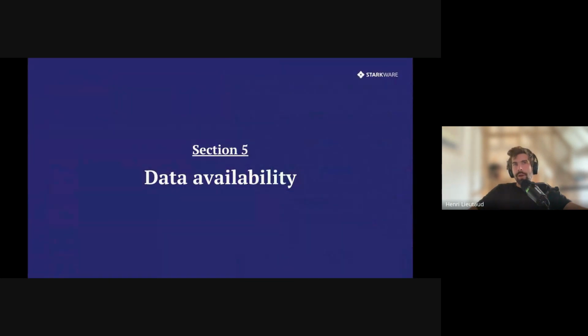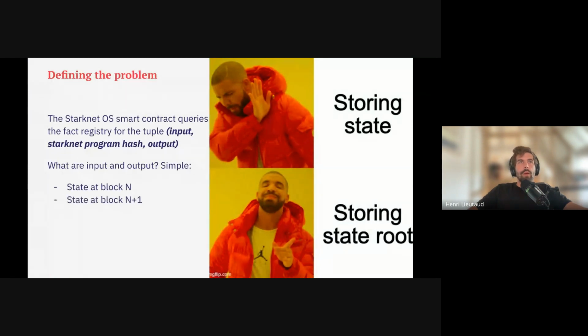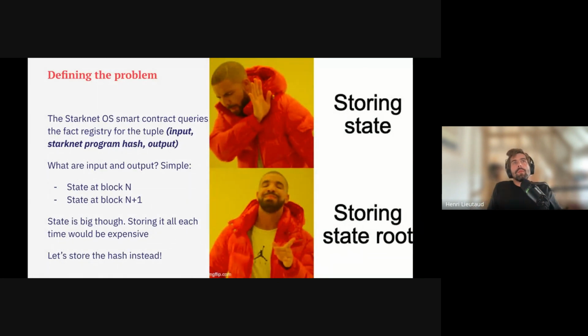I'm going to talk a little bit about data availability. First, let's talk about what the problem is. If we take back what we discussed earlier, the StarknetOS takes a tuple: the program hash, the input hash, and the output hash.